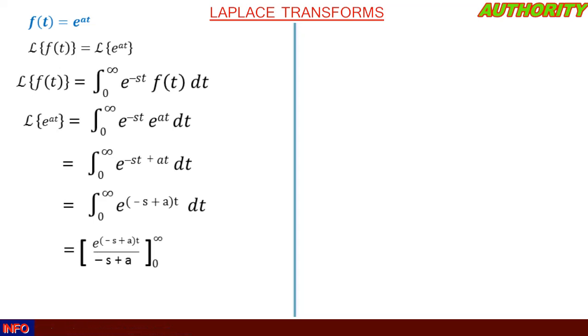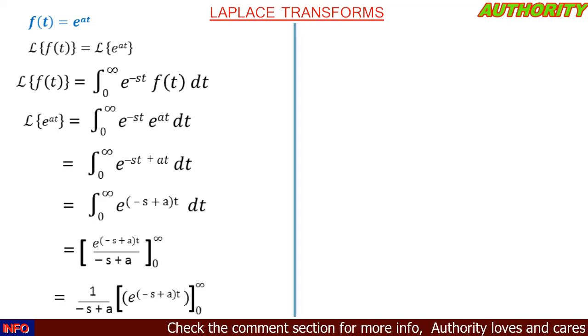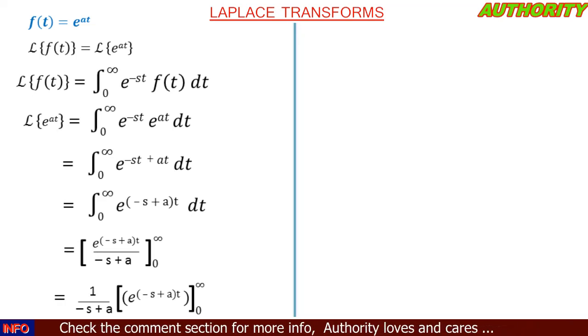Again, we can factor out 1 all over minus (s plus a). Is that true? Yes, we can. So we are going to have 1 over minus (s plus a) times e raised to power minus (s plus a) t, with limit 0 to infinity.